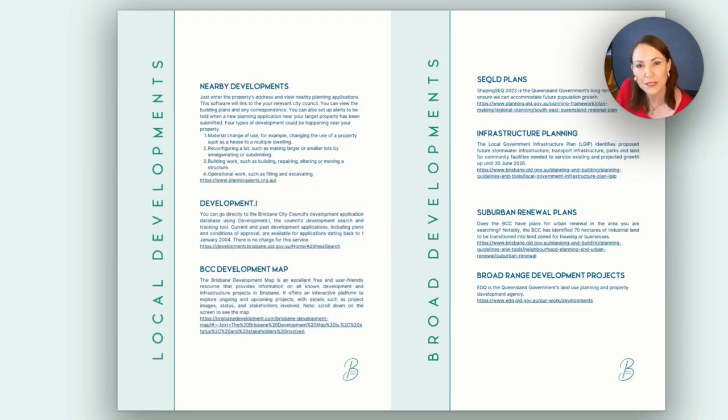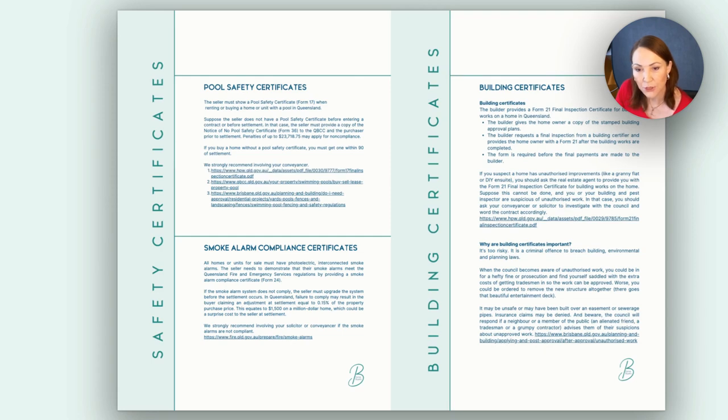And local developments nearby: you might not be interested in looking at a property if you can see that right across the road it's zoned so that shops can be built there. So have a look at zoning and developments that might affect the area that you're looking to purchase in. We'll go into more detail, but local developments and broad developments. There are also safety certificates that you can research online.